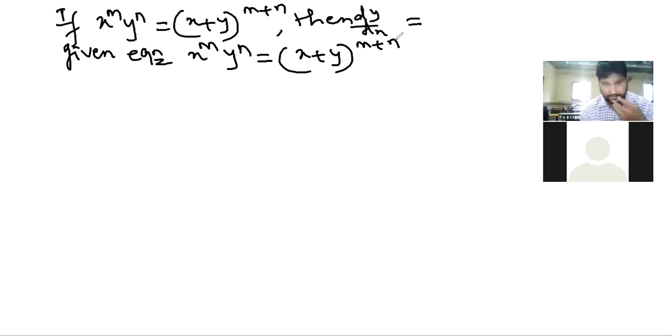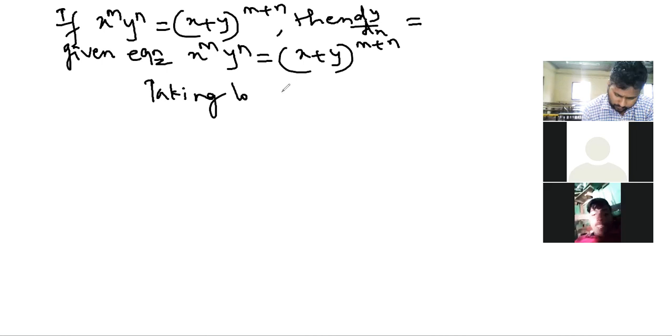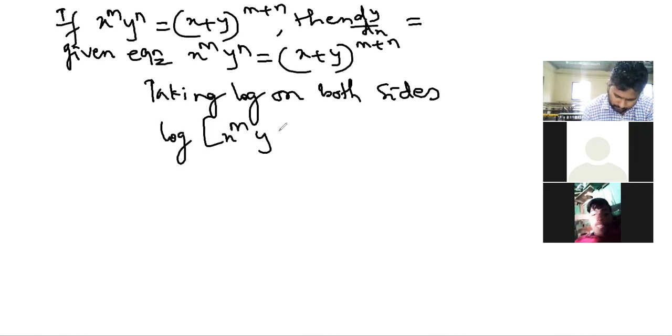So if you differentiate directly, it will be lengthy. So by using logarithm on both sides, we can differentiate this function easily. So taking logarithm on both sides: log of x to the m into y to the n is equal to log of (x plus y) raised to m plus n.